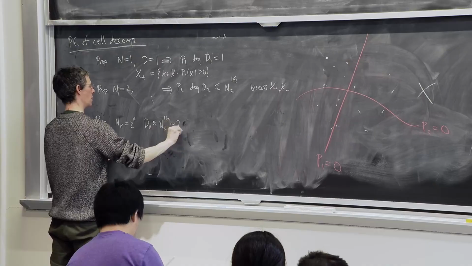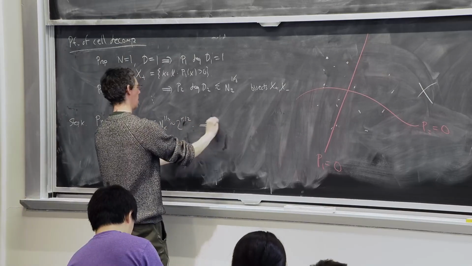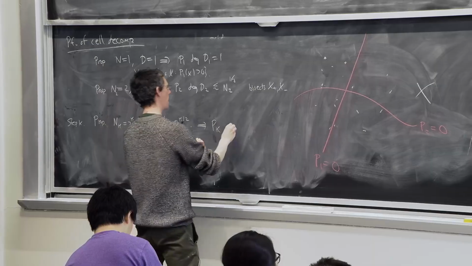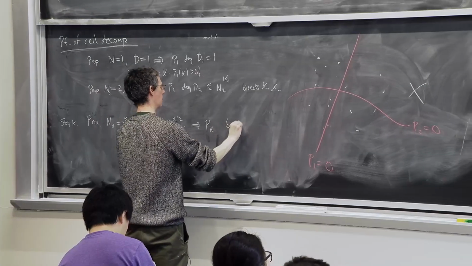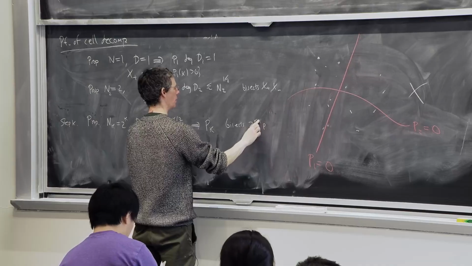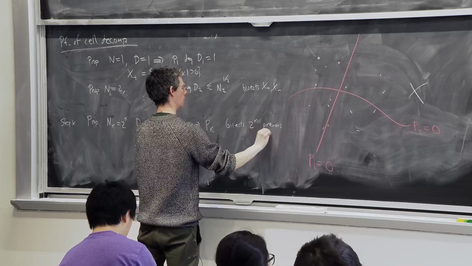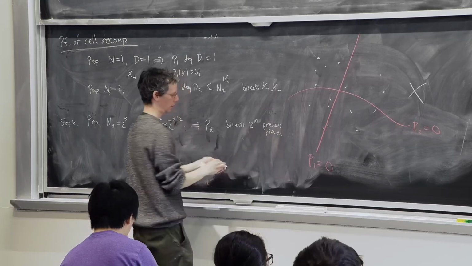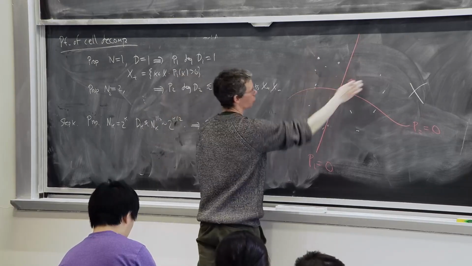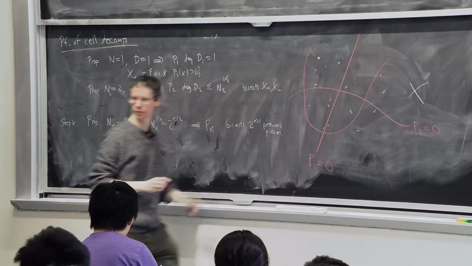So that's like 2 to the k over 2. And I output a polynomial pk. And it bisects the 2 to the k previous guys. So I'll draw one more. I have 4 pieces. And I find a new polynomial. And I bisect all 4.